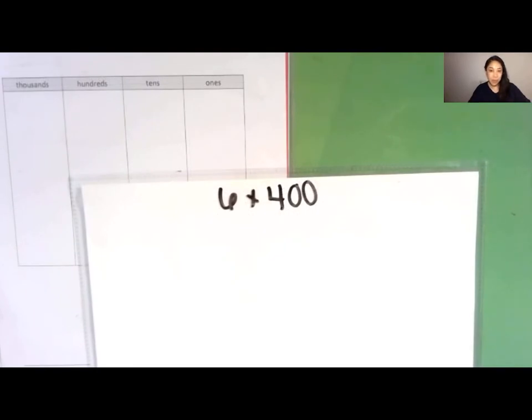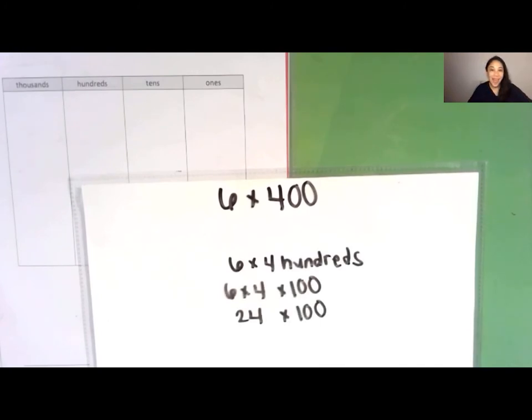For our next problem together, I'd like us to solve 6 times 400. I'd like you to pause the video here to think about the different ways that we can express 6 times 400. Be sure to write out the different ways on your board, and then we'll compare our expressions when you get back. How did you do?